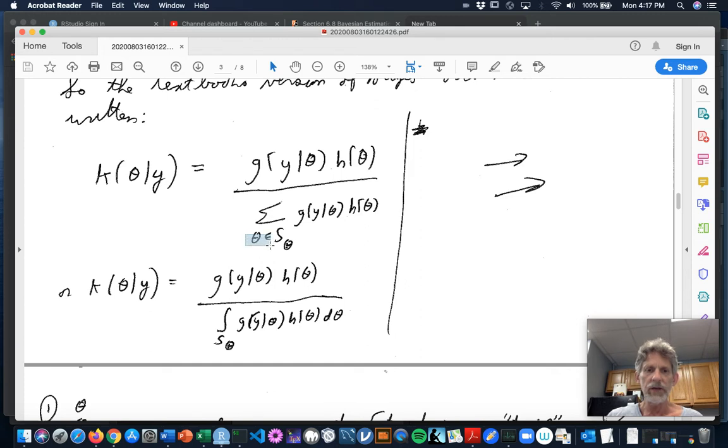In this case, your parameter, your unknown closet, was this discrete random variable, 0, 1, closet A, closet B. And so you were doing a sum here over PMFs. This H of theta was a PMF, okay?